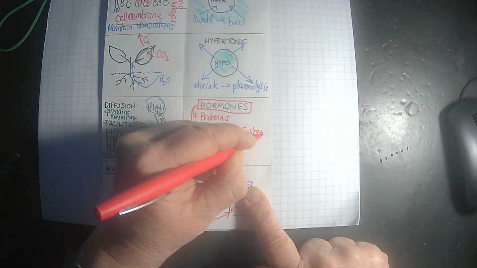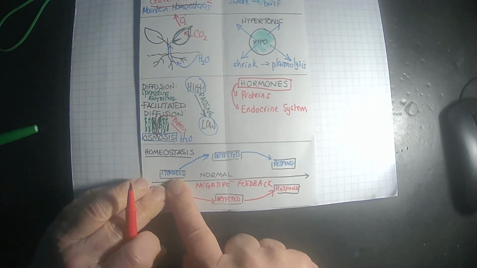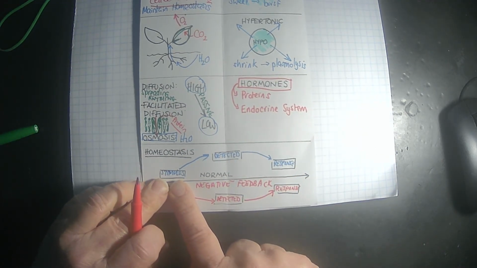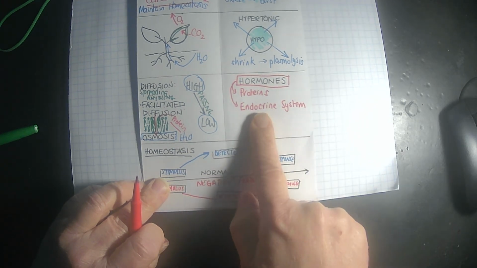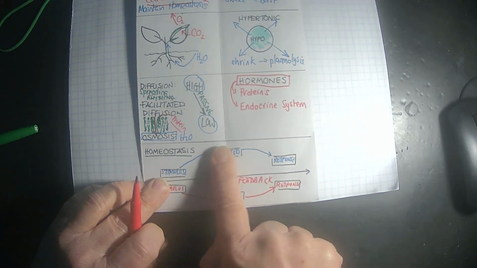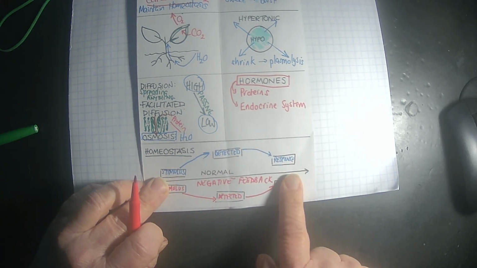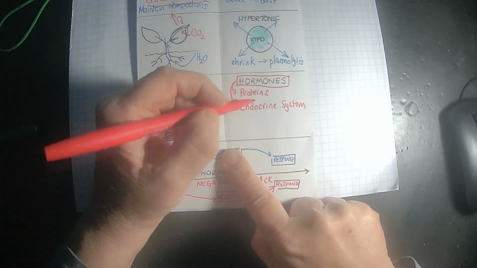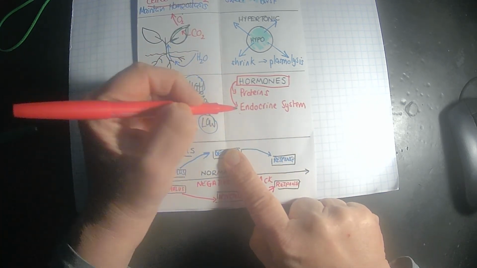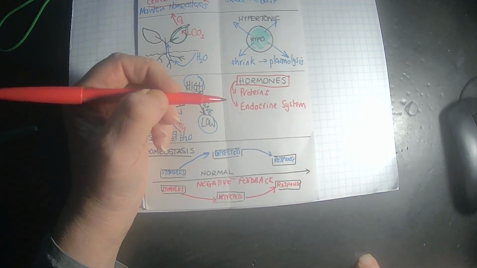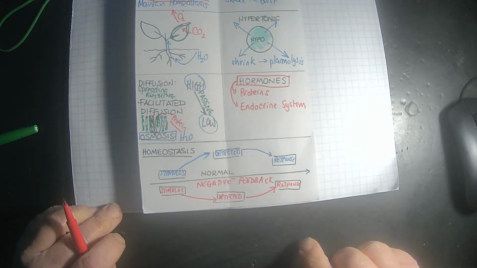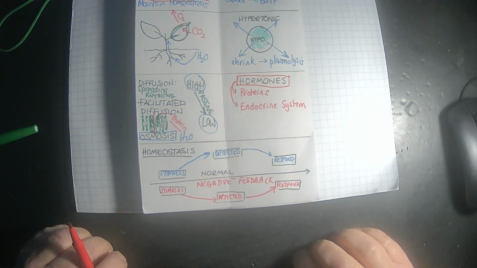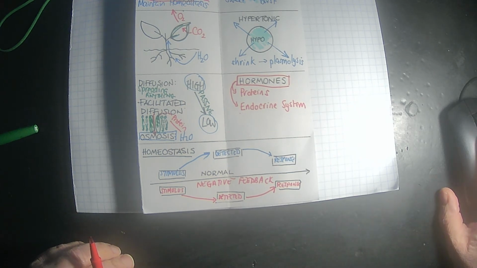Okay? So when you have high blood glucose, your digestion system and your endocrine system work together to control your blood glucose levels. Okay? So the endocrine system, the system that produces hormones, always works with another system to maintain homeostasis, to keep everything at normal levels.